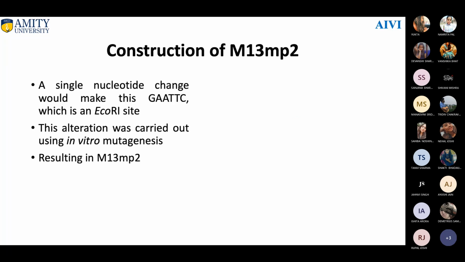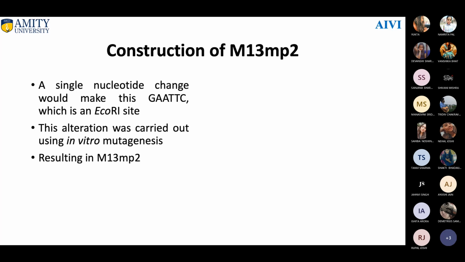If you change it to GAATTC, it becomes the recognition site for EcoRI. So you can alter the intrinsic sequence to introduce a restriction site; the EcoRI site is introduced here. How do you introduce these changes? Various mutagens and mutagenic reactions are available, or site-specific mutagenesis. Using them you can induce such variation, and so you incorporate the EcoRI site.